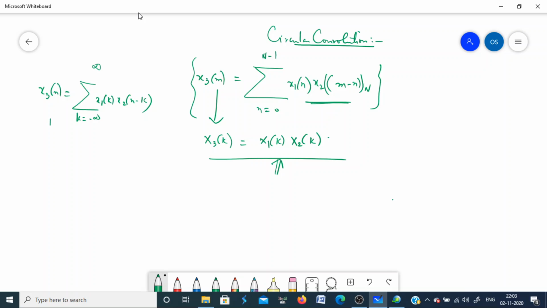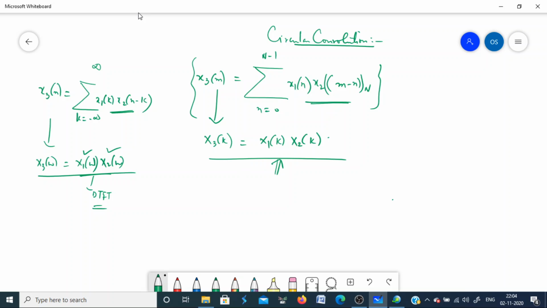This is linear convolution. In that case, your x3 of omega will be equal to x1 omega into x2 omega. This is the difference between the linear and the circular convolution. So if you find the linear convolution of two signals in time, in the frequency domain their DTFTs are multiplied. This is the discrete time Fourier transform, or you simply say Fourier transform.